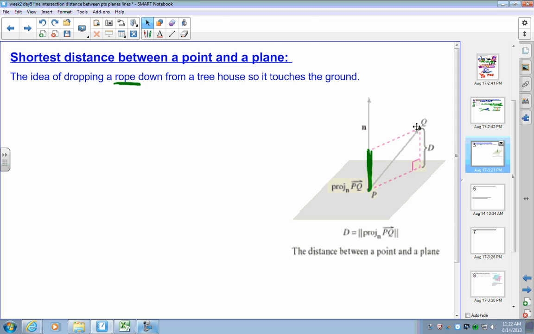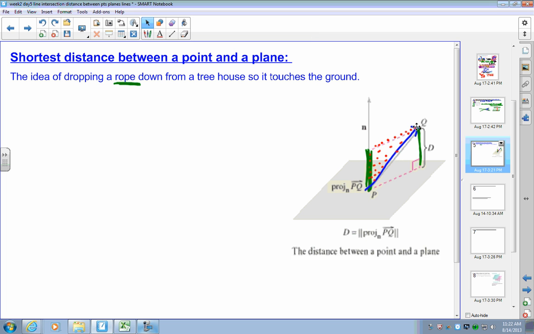So it's how much of PQ, how much of this vector falls down on the normal, creating that distance, okay?